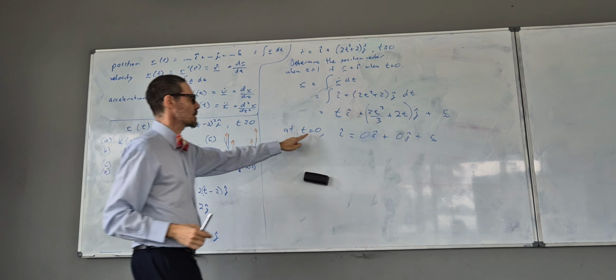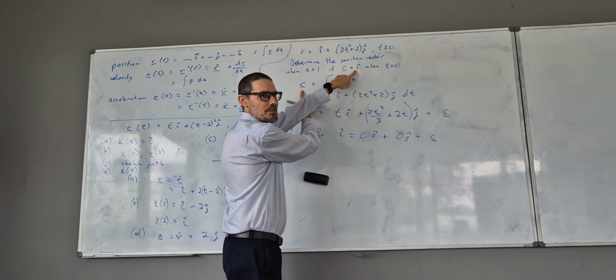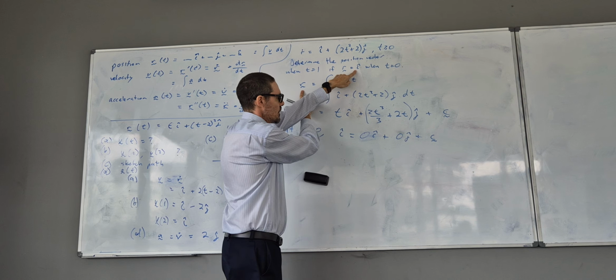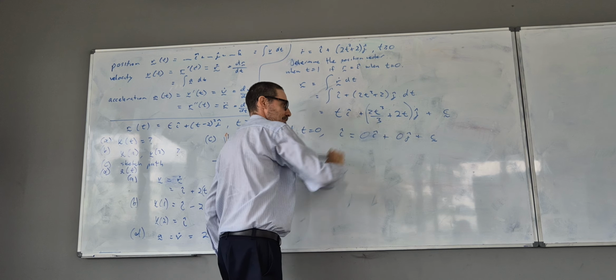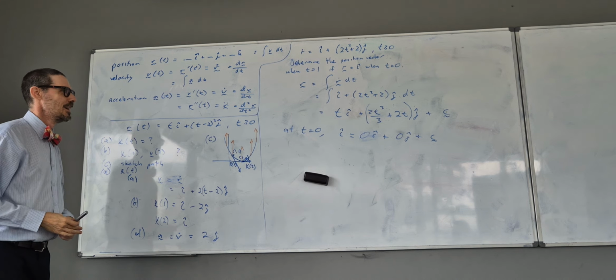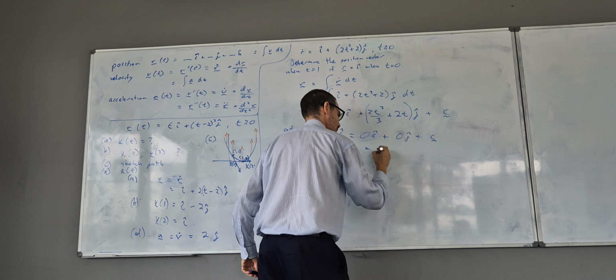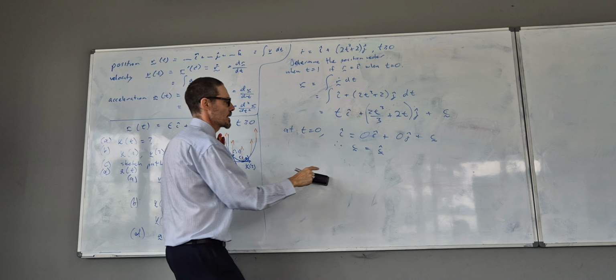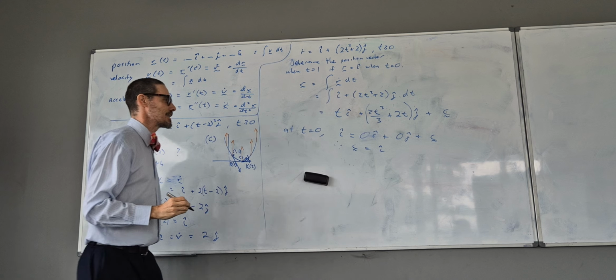I've just plugged in t equals 0. On the left, I know what I have to have. Isn't it 2t? If t is 0, what's this? Oh, yes. Okay, therefore, my c is i hat. Oh, I wasn't putting the squiggles under the i's, was I? I have to make sure my i's and my c's don't look the same.